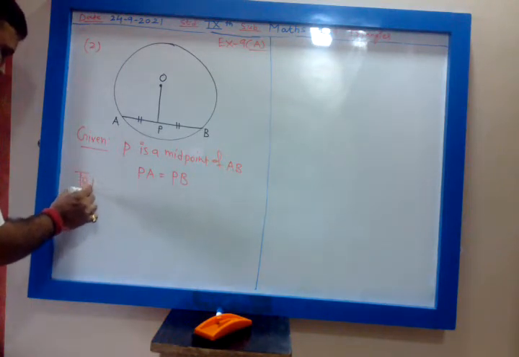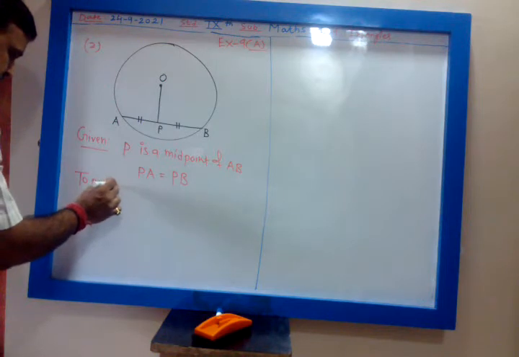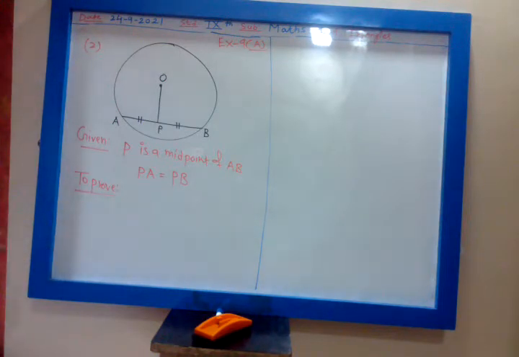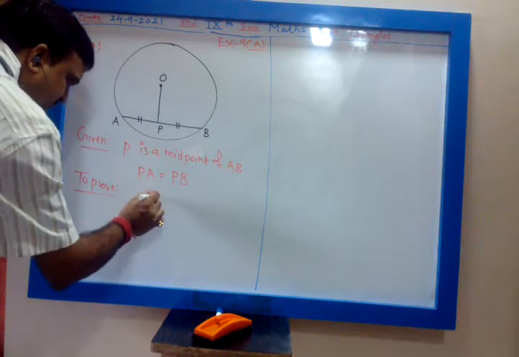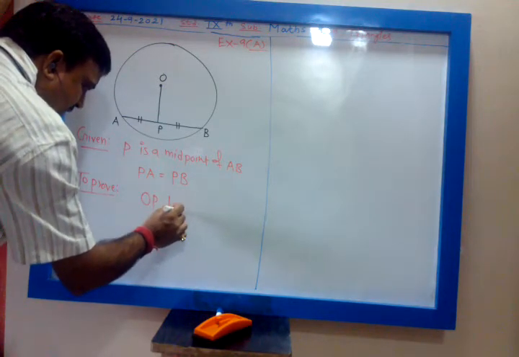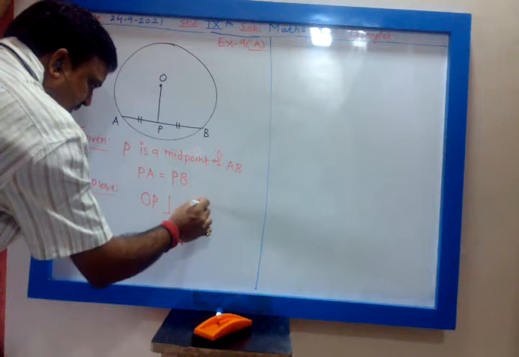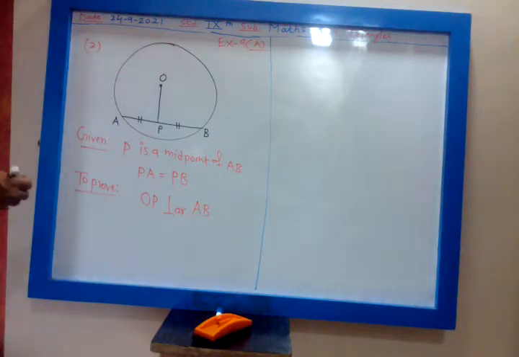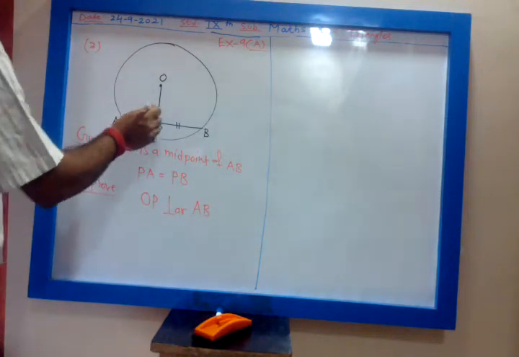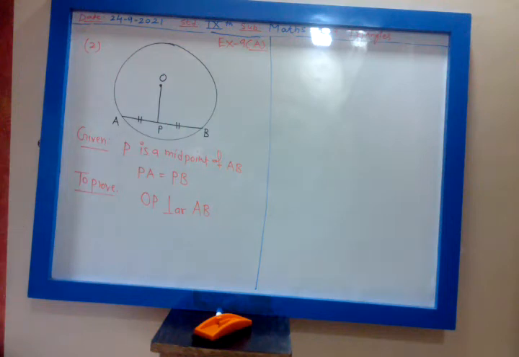Given, to prove: OP is perpendicular to AB. You want to show that OP is perpendicular to AB.